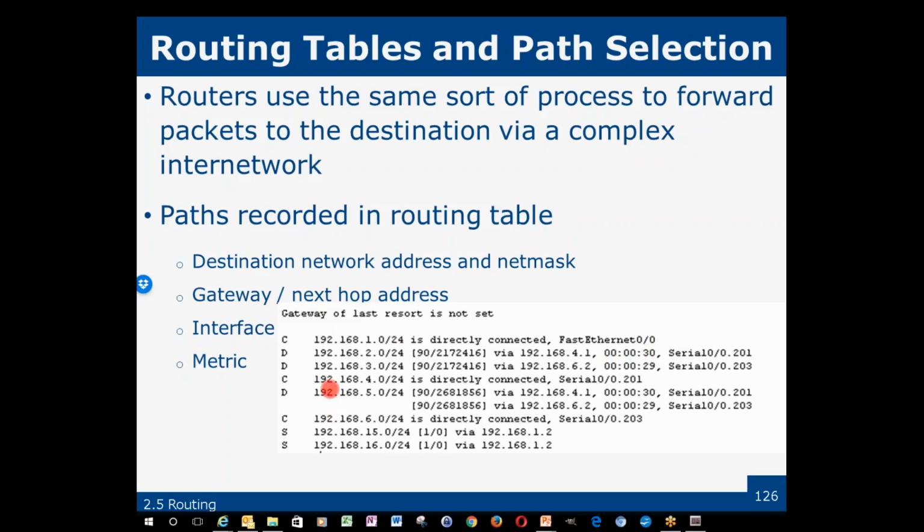So we have the ability to see these things. And this is the metric here. The EIGRP metric is pretty complex; we'll just say that that is the metric. We have a metric, and then the interface that it goes out of. This gives both the serial interface, the interface that's going out, as well as the next hop address.